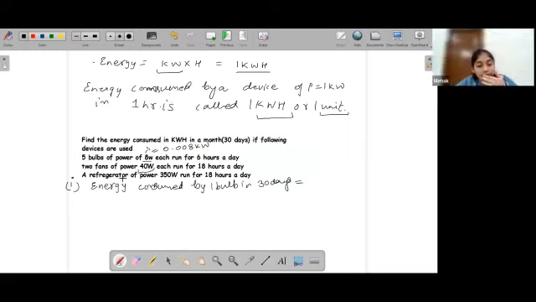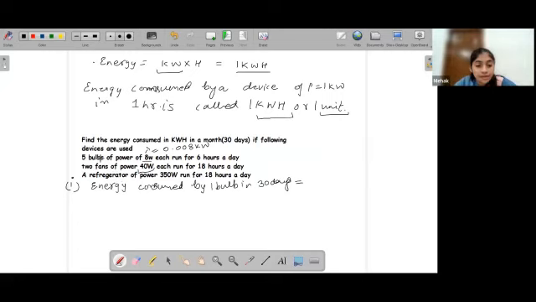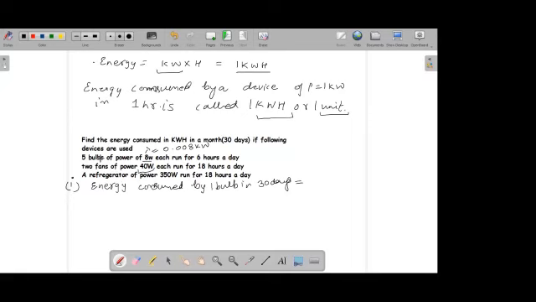So what if we multiply 5 into 8 and then we get 40. So 40 plus 2 into 40 is 80, plus 80, plus 350, by 1,000. Can we do that? Yeah, you can do that also.